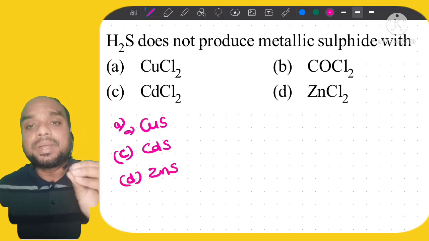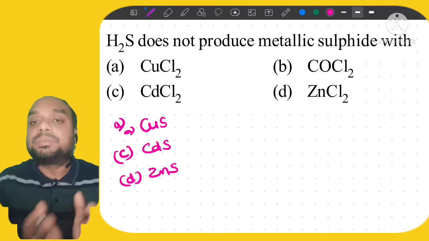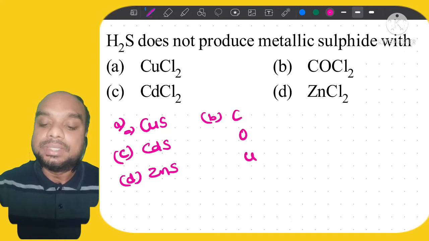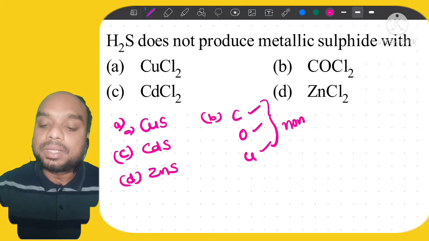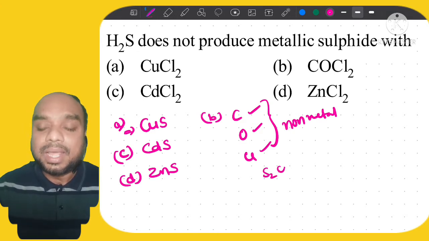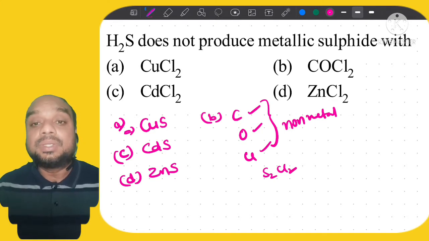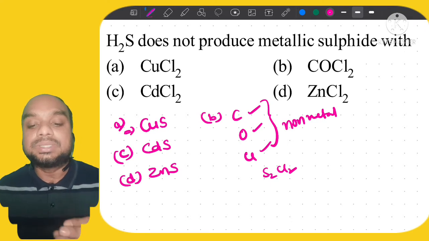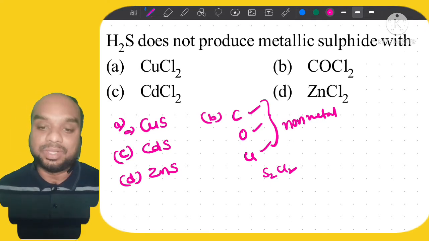Why? Because copper, cadmium, zinc are metals, so we get the respective metal sulfides. But in B, there is carbon, oxygen, chlorine. These three are non-metals. So here we can get carbon disulfide, sulfur dioxide, sulfur monochloride, but those are not metal sulfides. So the question is, H2S does not produce metallic sulfide with which?